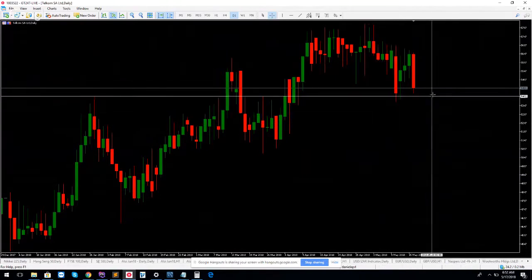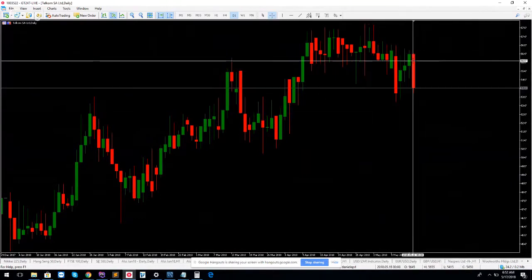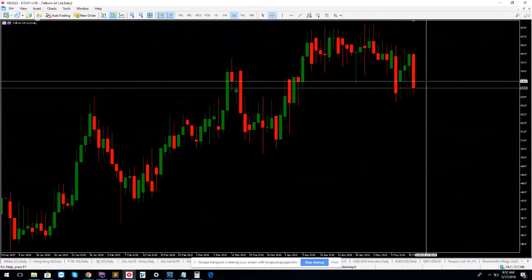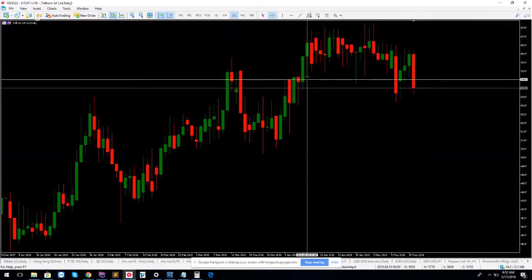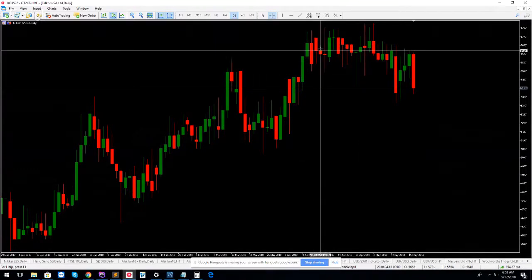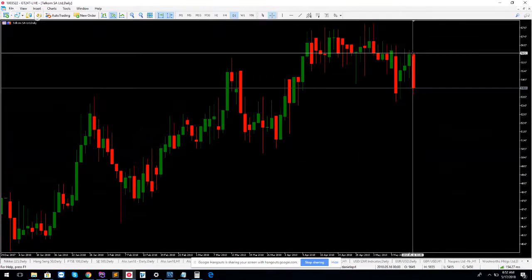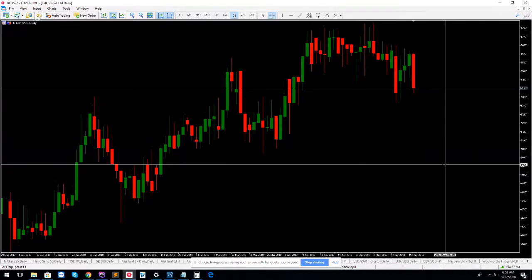So we go to a candle. A candle is made up of a body, and then you'll see it's got small little lines at the top and the bottom. We call them the wicks. So a green candle is when the price is going up, and a red candle is when the price went down.